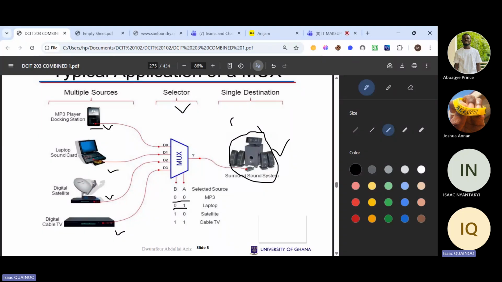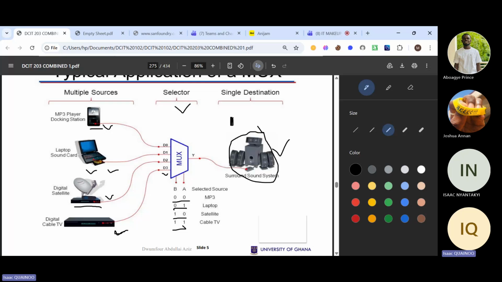If our selector is 01, data line 1 will be selected, which is our laptop, so the sound we hear will come from our laptop. If 10 is selected, then the sound from our digital satellite is what we are going to hear in our sound system. And if 11 is selected, data line 3 is selected, which corresponds to our digital cable TV. So basically, this is how a multiplexer works.